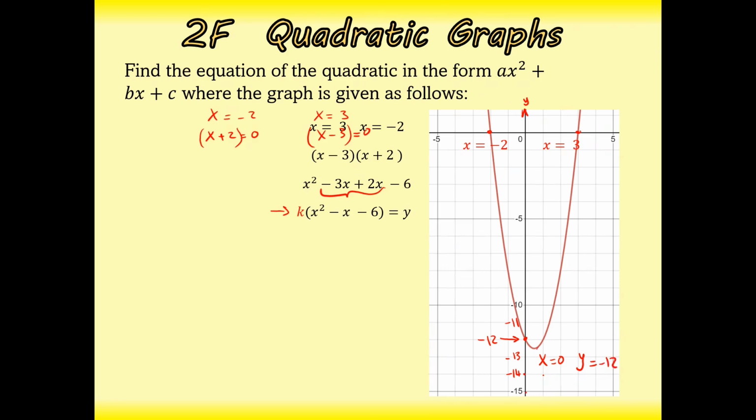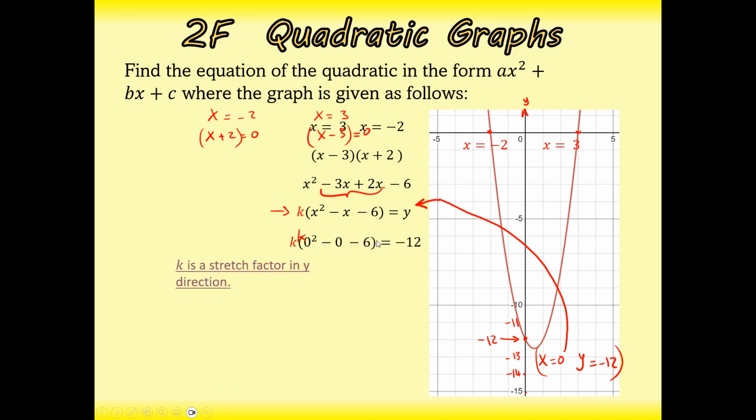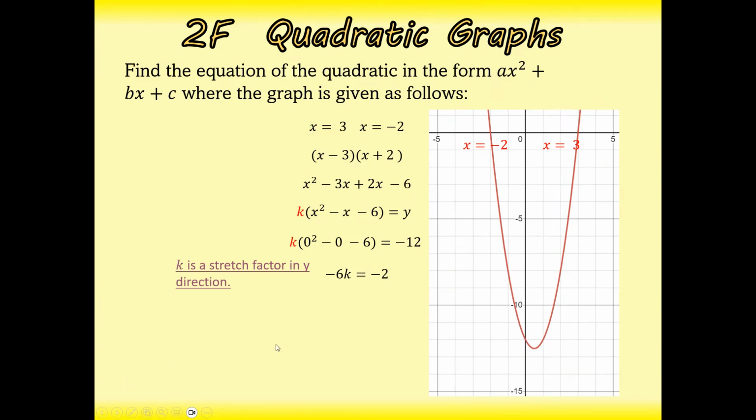I'm going to substitute this coordinate into this equation. So I will get k multiplied by 0 minus 0 minus 6 equals -12. Solving this equation tells me that the k value is actually +2.